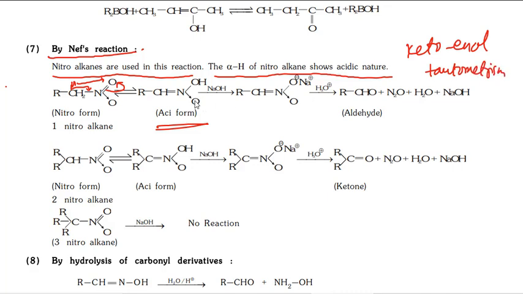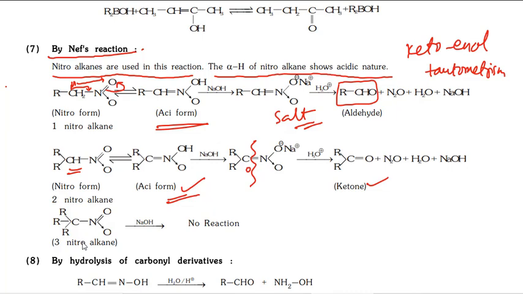Right? Now it is reacted with NaOH and forming a salt, then by hydrolysis it is producing aldehydes. Okay, suppose here only one hydrogen is there in the alpha position, again forming the aci form. Just hydrolysis: you take C double bond N, break the double bond and put one oxygen. That's enough, the ketone.